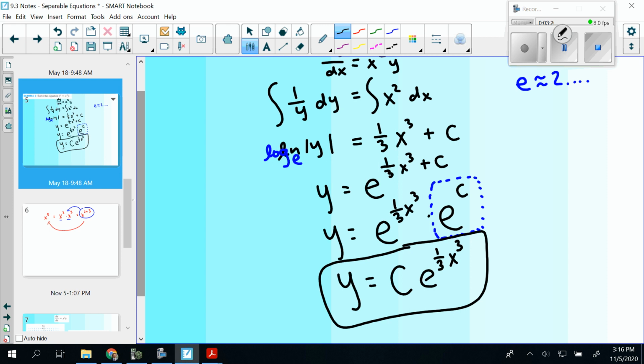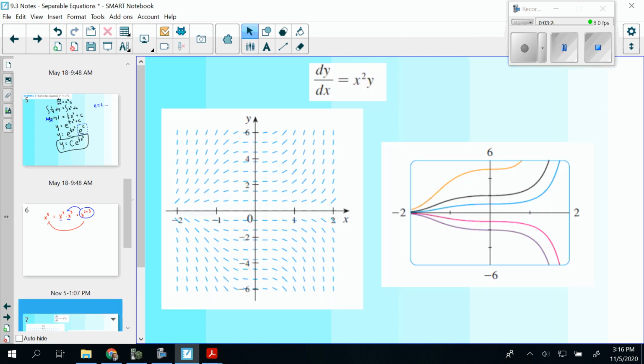If you now graph this one, the directional field will look something similar to this. You can see over here we have some examples of solutions. For instance, this one that goes through the point (0, 1) right here.